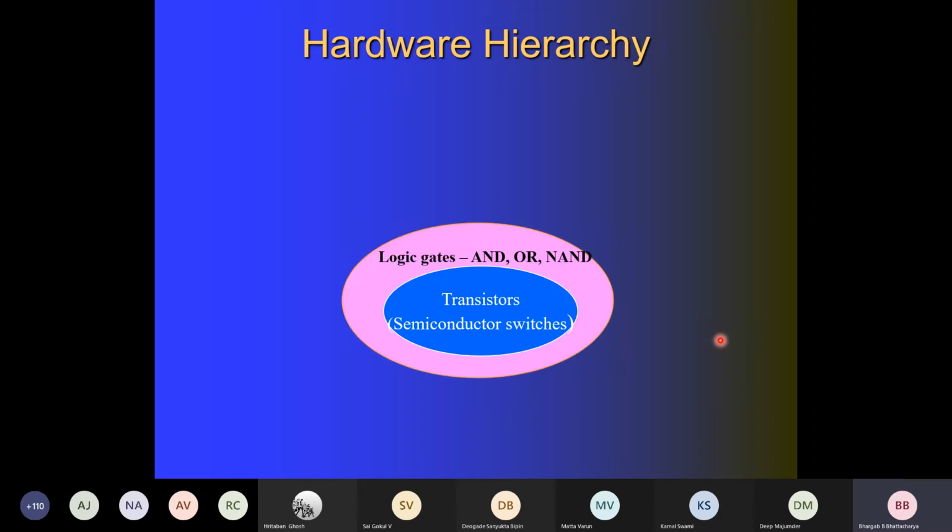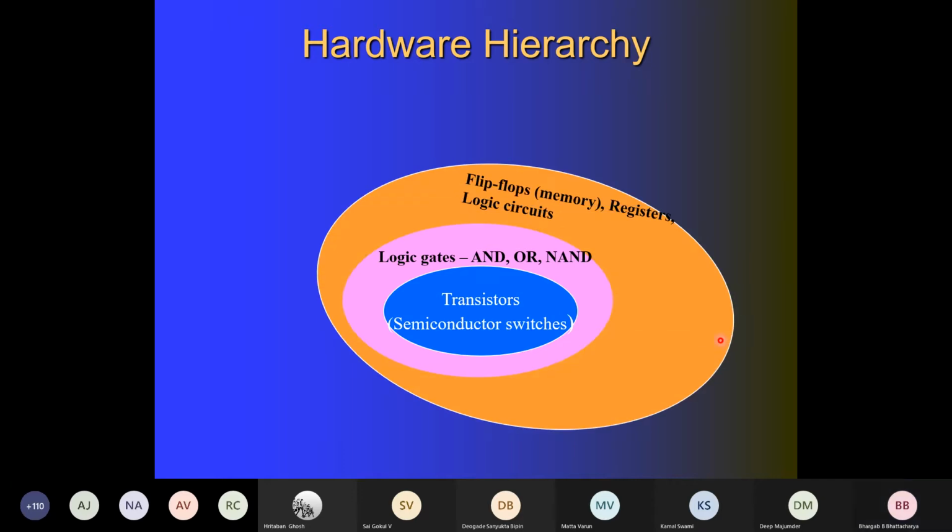Using interconnection of these transistors, you create logic gates, which you are familiar with. We have names for them, like AND, OR, NAND, and so on. Then you design the flip-flops, and interconnecting flip-flops, you design your shift registers and other complex sequential logic circuits, finite state machines, and so on.